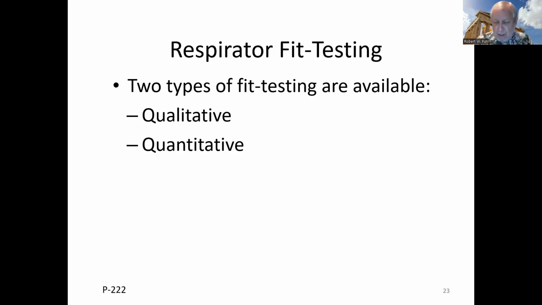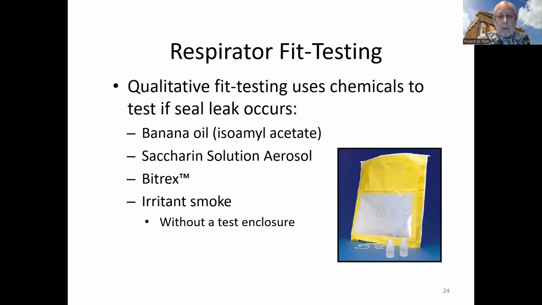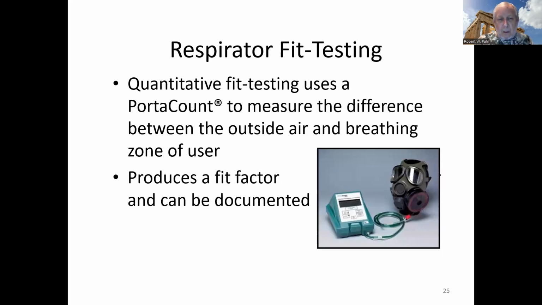In respirator fit testing, that's done by a machine and a computer. Qualitative fit testing uses chemicals to test if seal leaks occur. They use banana oil, which is isoamyl acetate, saccharin solution, Bitrex, and irritant smoke, with a testing closure for the irritant smoke.